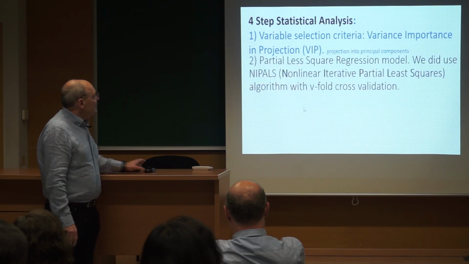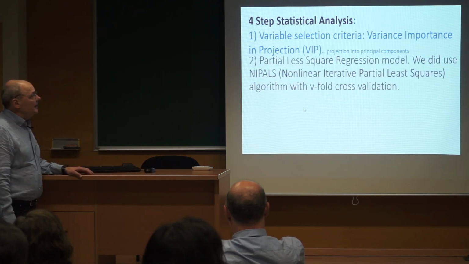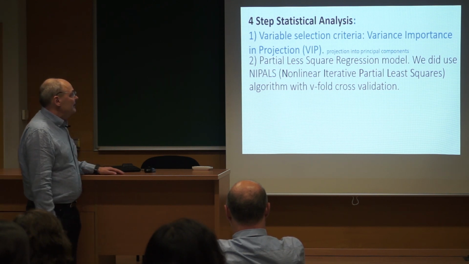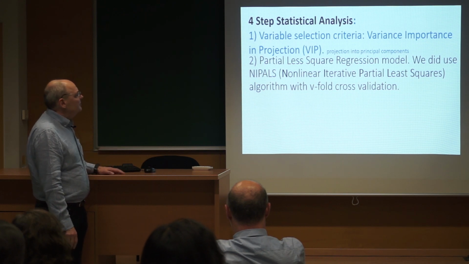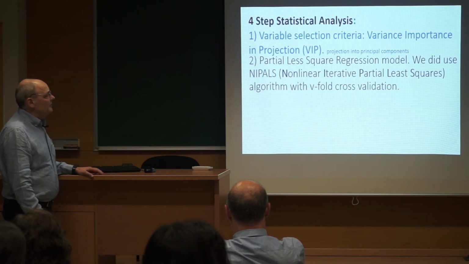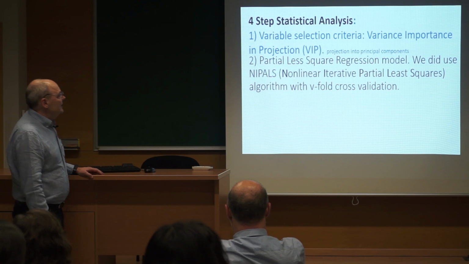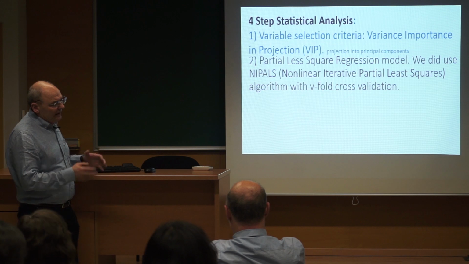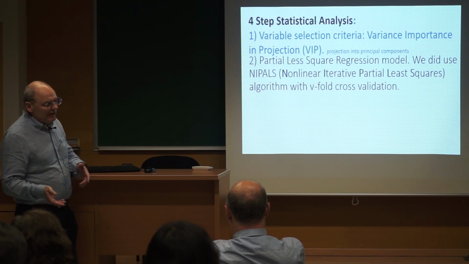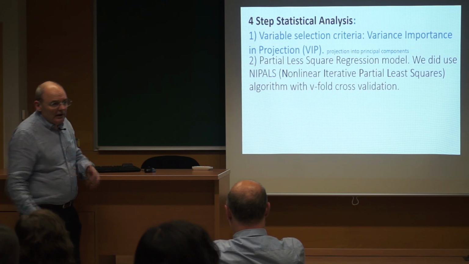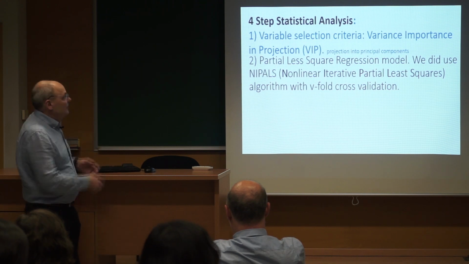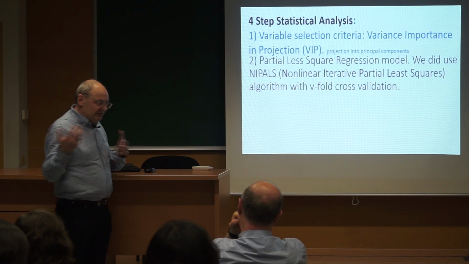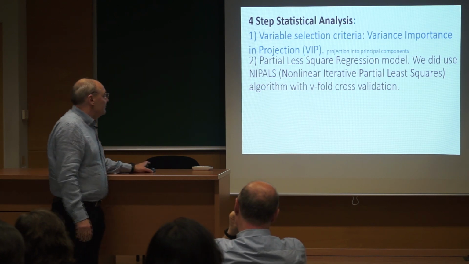The second step is partial least squares regression. We use the NIPALS algorithm, a nonlinear iterative partial least squares algorithm with V-fold cross-validation. This algorithm allows us to transform the raw data matrix into principal components and residuals.